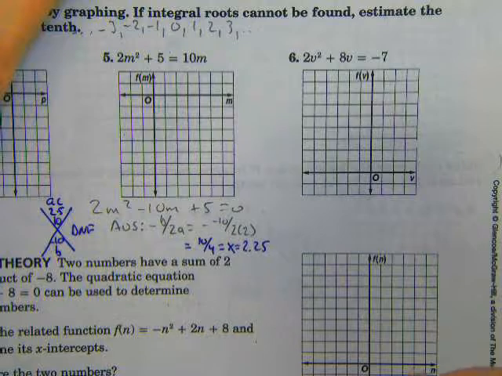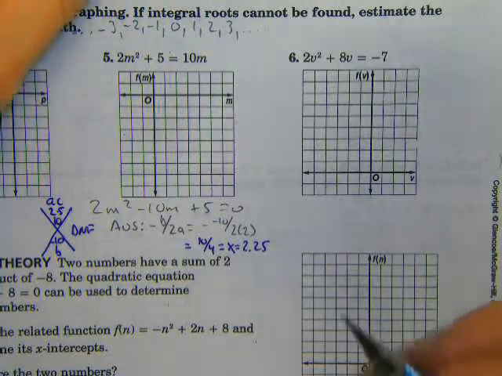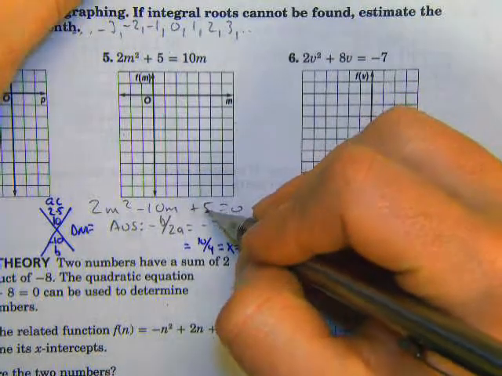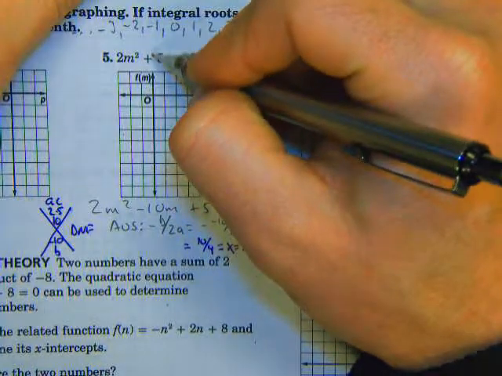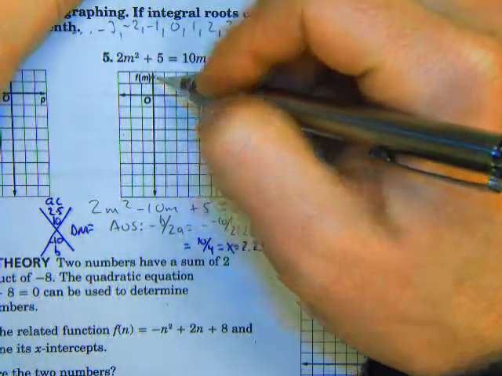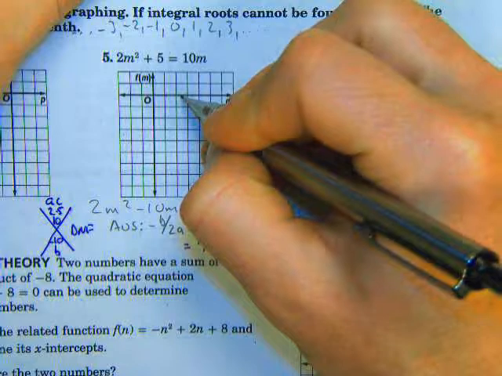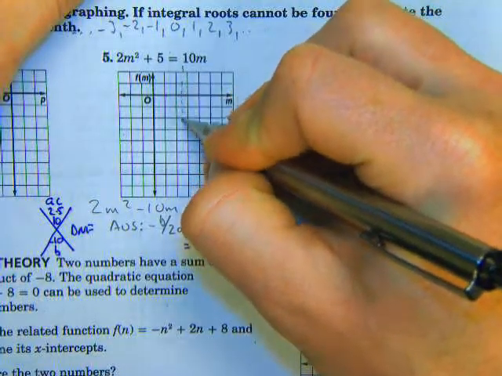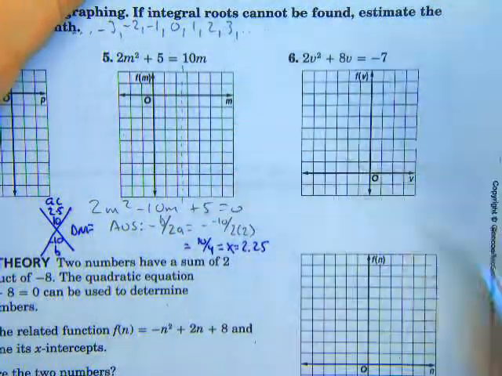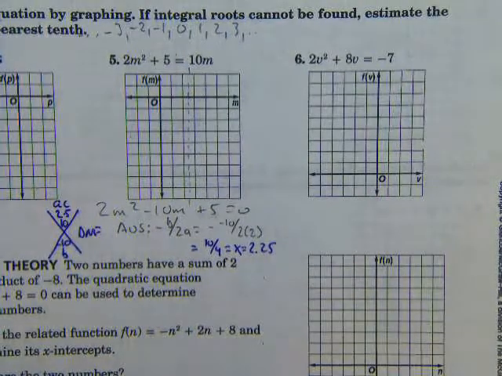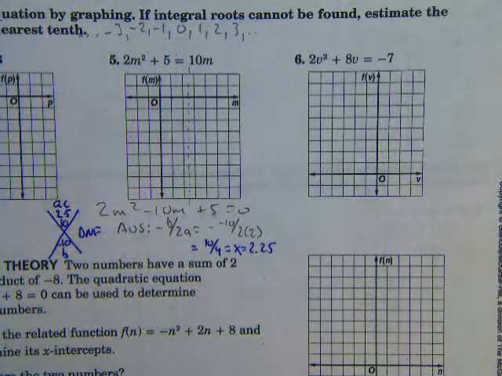I know my intercept's my C is 5, so it's gonna hit on 5 up here. Doesn't really help me for this picture, but let me get 2.25 right here. Alright, so there's my axis of symmetry.